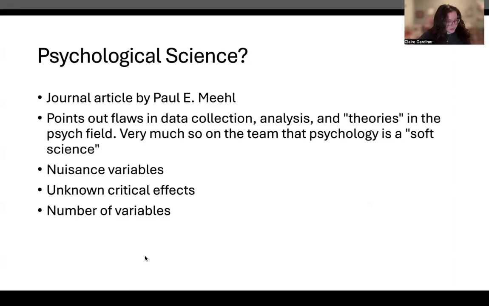And I think that was the point that he was trying to make with the number of variables statement: if there are so many different things that can happen with human subjects and in the realm of psychological science, you can't say that it's a fact, or it's even hard to call it a theory because there are just so many differences that can happen between studies and between replications. So, yeah.